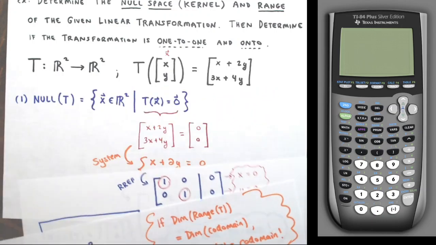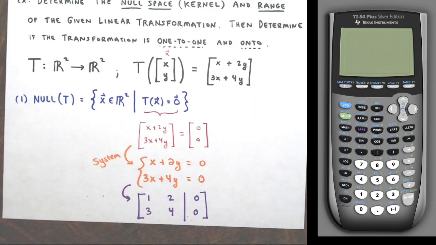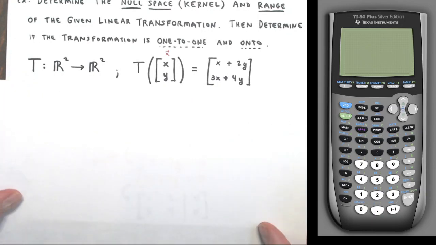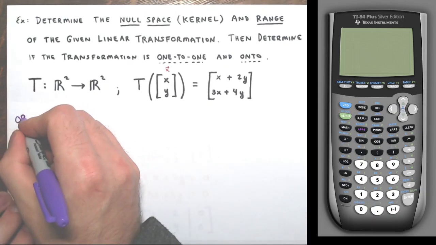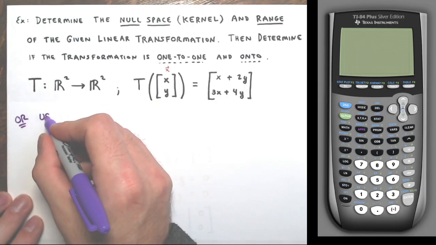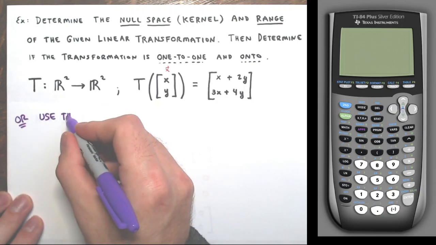The way I'd usually do something like this, because if I was doing a bunch of exercises I'd want to save a little time, we have a linear transformation here, right? So again, use the standard matrix of the transformation.